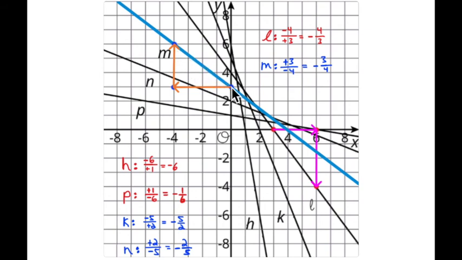If I start here and go down and over, it's still going to be positive 4, 1, 2, 3, 4, but a negative 3, 1, 2, 3. So however you do it, just practice doing it a variety of different ways. You become more and more comfortable with identifying the slope, identifying where the line intersects both the y-axis and the x-axis, and how you get that second point so you can draw the lines.